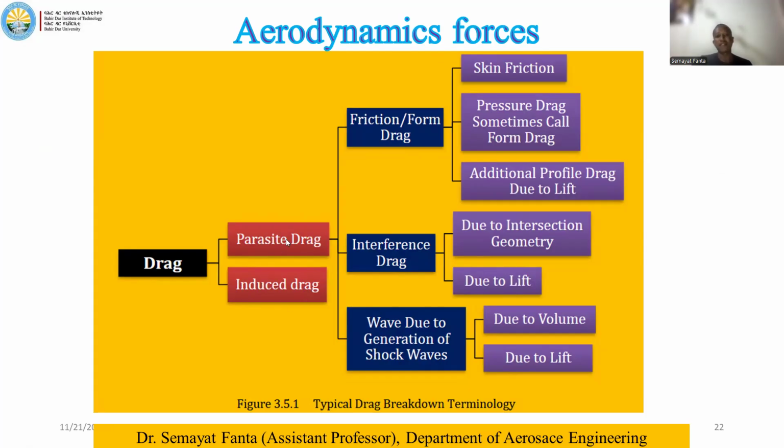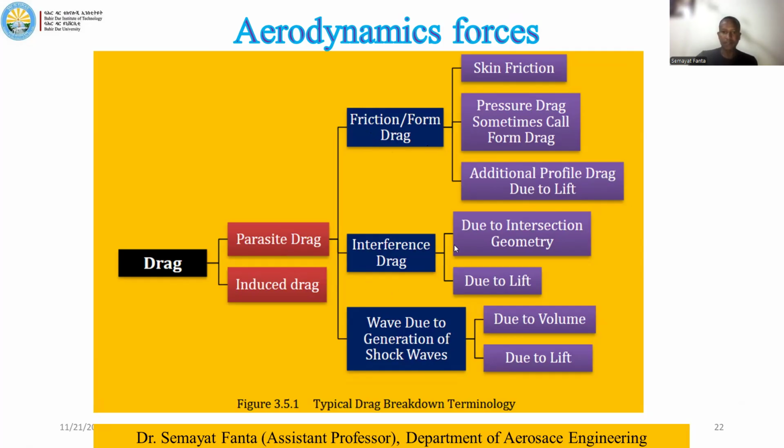Further, the parasite drag is also classified into three: friction or form drag, interference drag, and wave drag. This wave drag is due to the generation of shock waves. Again, the friction or form drag is also classified into three categories: skin friction, pressure drag, and profile drag.